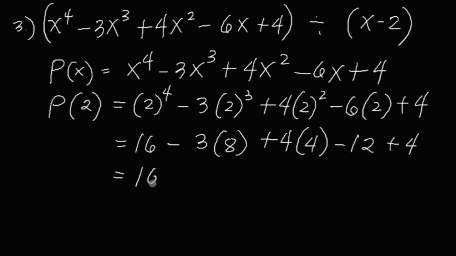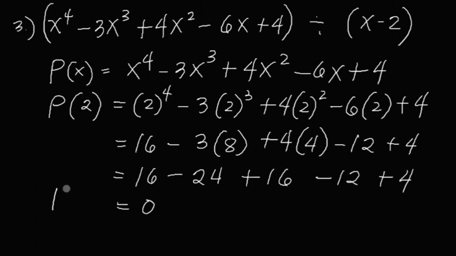Then 16 minus 3 times 8 is 24, plus 4 times 4 is 16, minus 12, plus 4. So, you just add, or pwede nyo pagsama-samahin muna yung mga positive, pero pwede na dire-diretso rin. 16 minus 24 is negative 8, plus 16 is 8, minus 12 is negative 4, plus 4 is equal to 0.